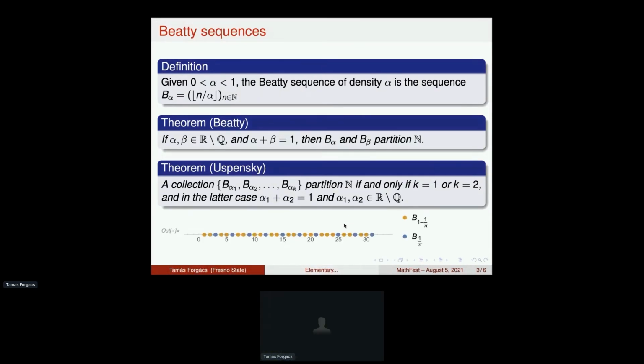Okay, so here's a picture of an instance of a pair of complementary Betty sequences associated to the densities 1 over pi and 1 minus 1 over pi. One of the reasons I included this picture in the talk is they say every talk should have a picture, so here it is.